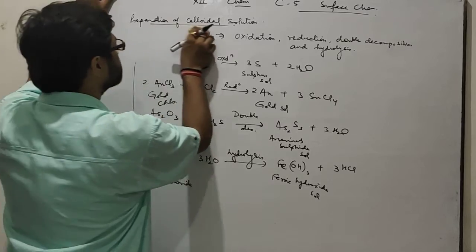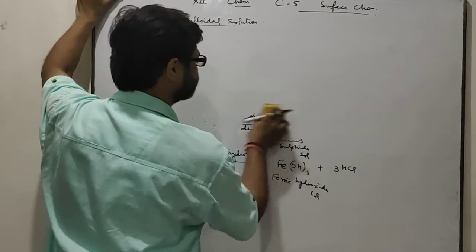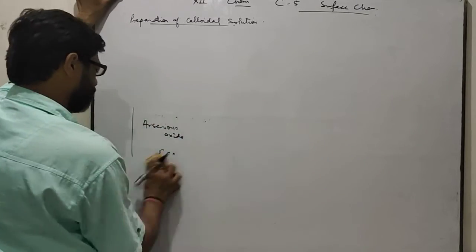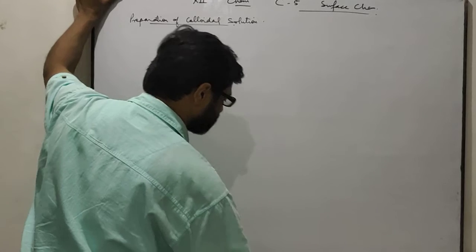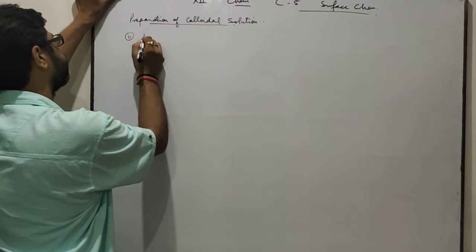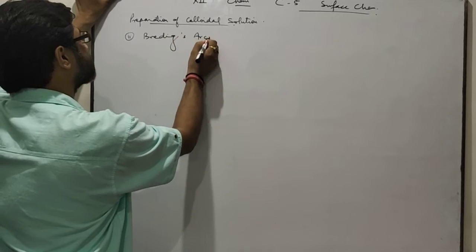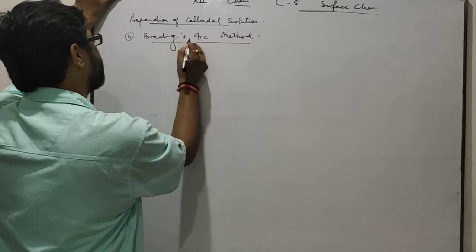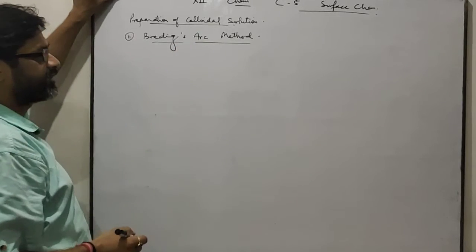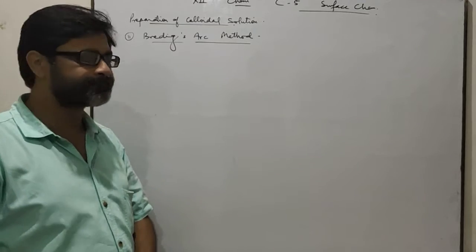Okay. The second method used for the preparation of colloidal sol is Bredig's arc method. Bredig is the name of the scientist. Arc means electric spark. By the use of electric spark, we can prepare a colloidal solution.